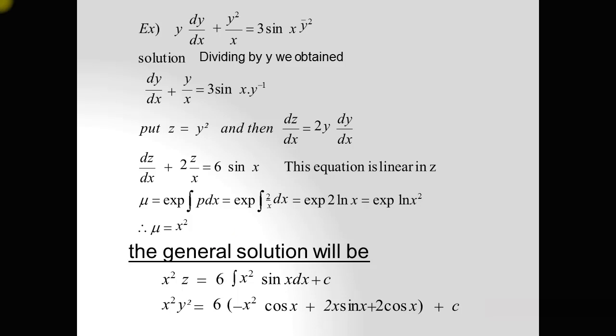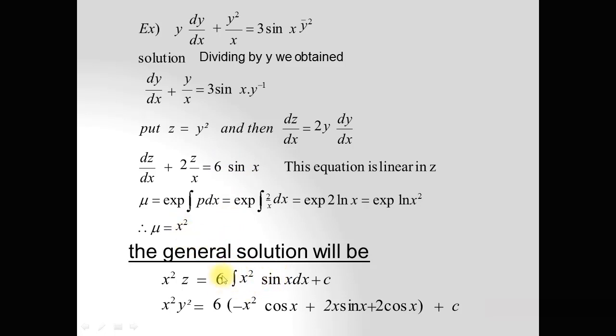Now using the formula for the solution of this linear differential equation, integral factor multiplied by the dependent variable, here the dependent variable is z, is equal to, 6 sine x is the q function, so integration of the product of integral factor and the q function.